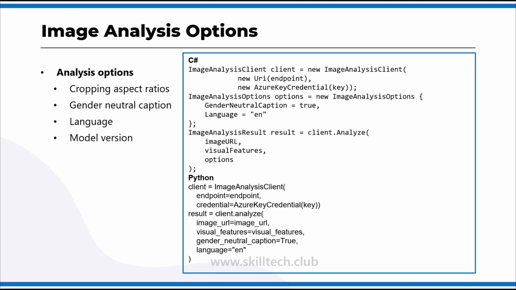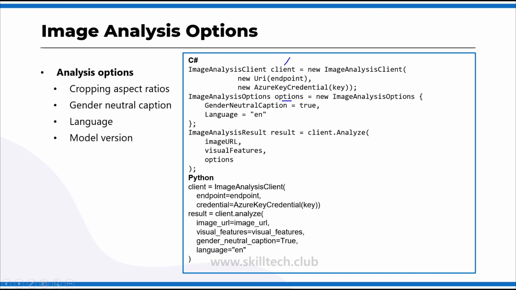In the right side box, you can see that we have C# and Python versions, where in C# we have this image analysis client object. We are trying to associate this client object with the URI and the key which we have provided. Then, using image analysis options, we create an instance of that. This options instance is going to be used in the configuration.